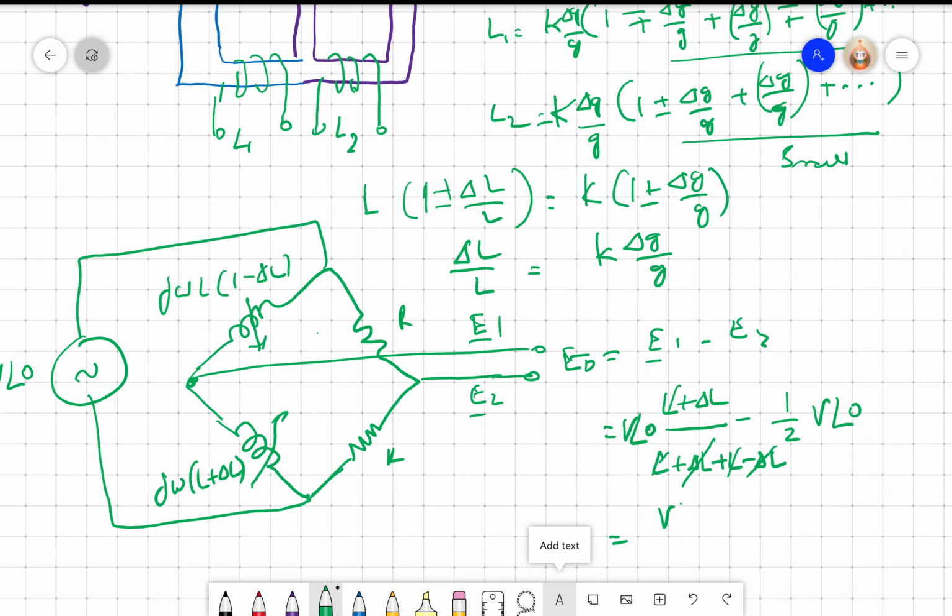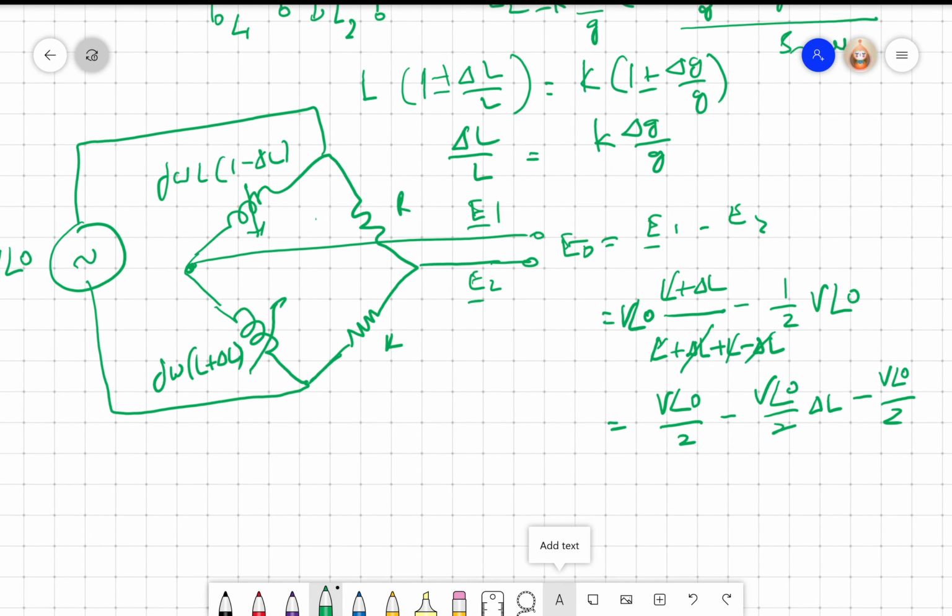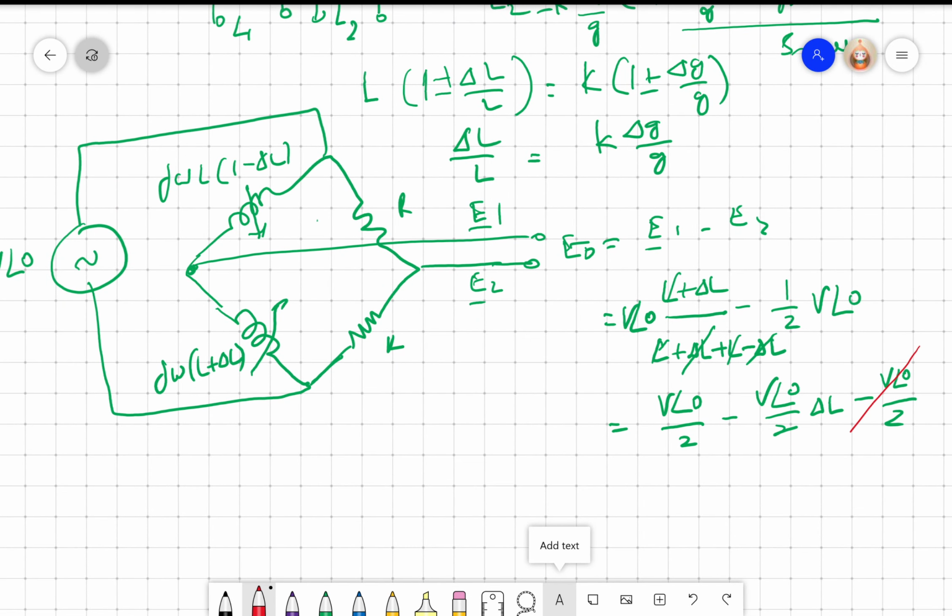So this is V angle 0 by 2 minus V angle 0 by 2 into delta L. Again, I look at this and this cancels.